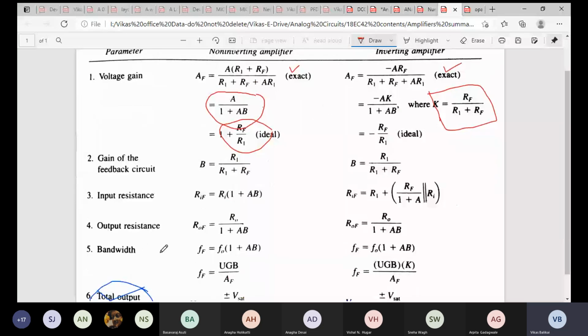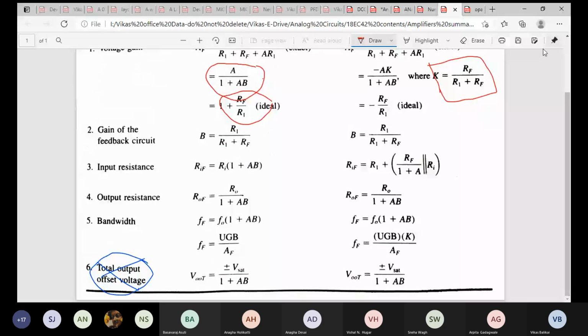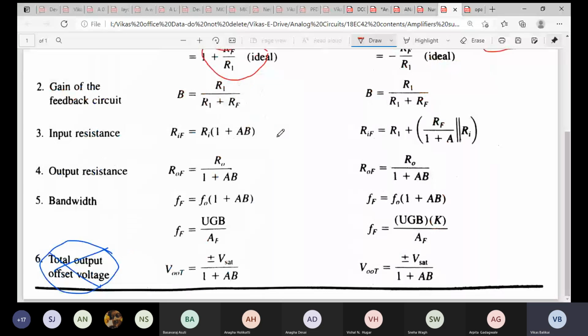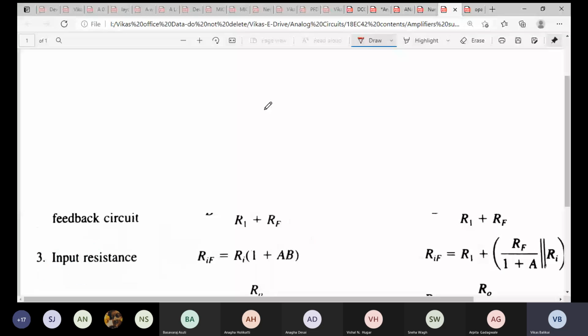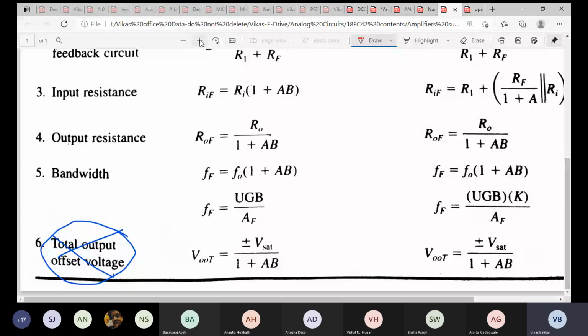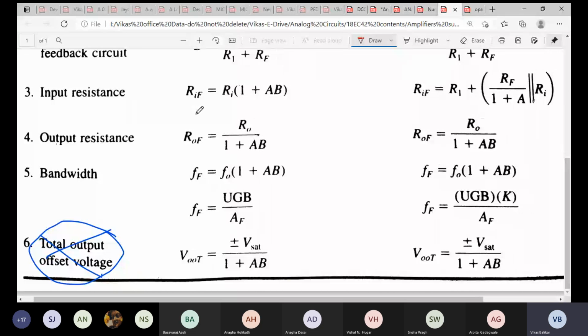And what was my input resistance? When it comes to the non-inverting amplifier, the input resistance we have derived: keep this in mind, input resistance should always be high. To be high, without feedback the input resistance is, say, RI, and with feedback it must be more than that. So without feedback I have RI, and with feedback it will be RI times 1 plus A beta.